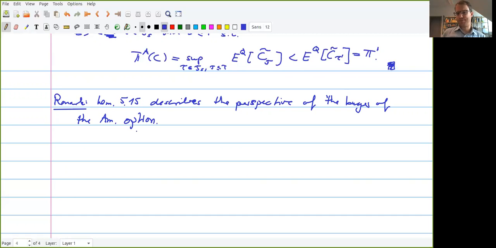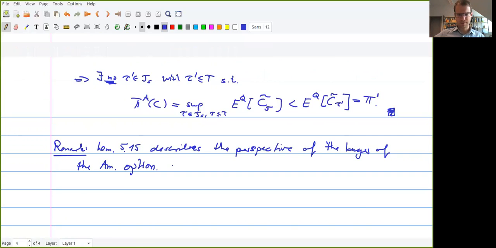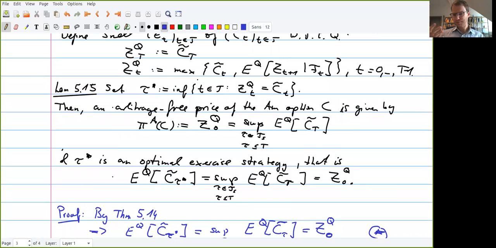Why is this clear? So this lemma, if we go back, tells you basically the price the buyer is willing to pay for the American option, because the buyer can find an optimal exercise strategy which achieves the payoff. Right. So I can find the exercise strategy which ensures I realize the payoff by stopping with respect to this tau star here, which tells me the money I spent for the American option was worth it.